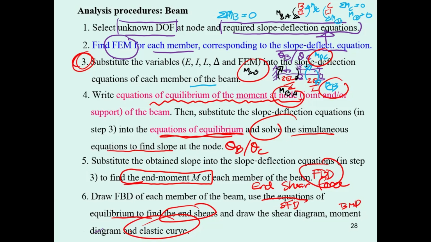That's going to be the whole step involved with the slope deflection equation. Okay, and all the steps are fixed, they won't change, but the problem just changes. The important step is going to be the first one.